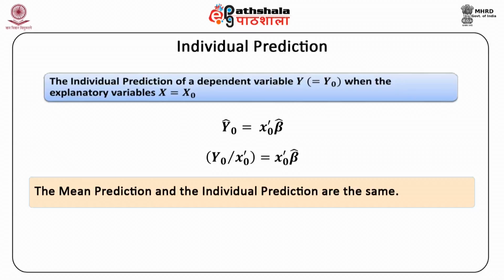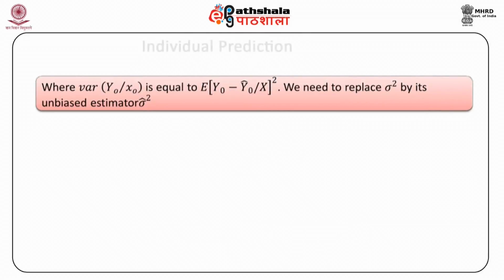The variance of the individual prediction can be obtained as given below: variance of y0 given x0 is equal to sigma square into 1 plus x0 prime into x prime x inverse x0, where variance of y0 given x0 is equal to the expected value of y0 minus y0 hat given x, whole squared. We need to replace sigma square by its unbiased estimator sigma hat square.